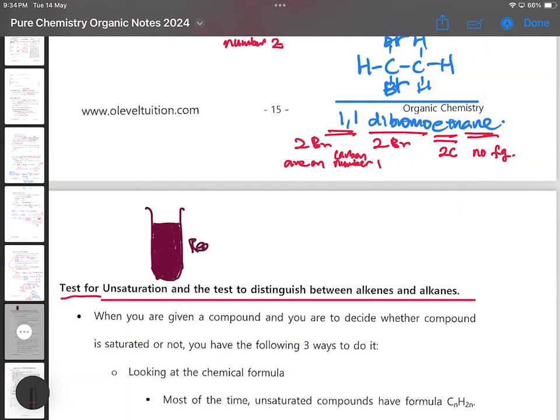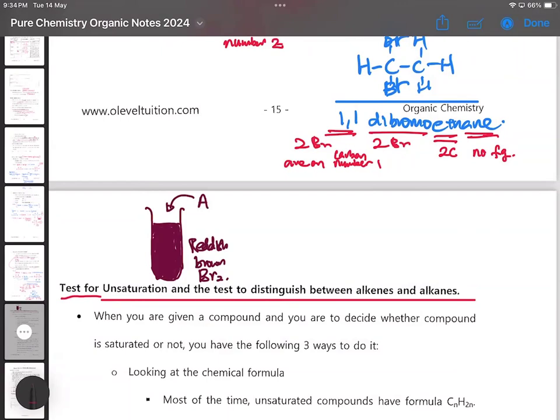Okay, this is reddish brown bromine. You can add bromine to your organic compound. You can add your organic compound to bromine. It doesn't matter. Okay, so let's say I add in some organic compound. I add in substance A into this.